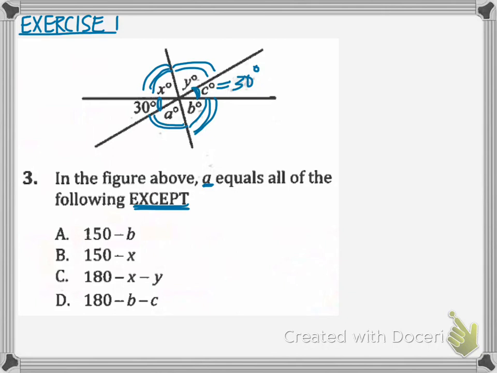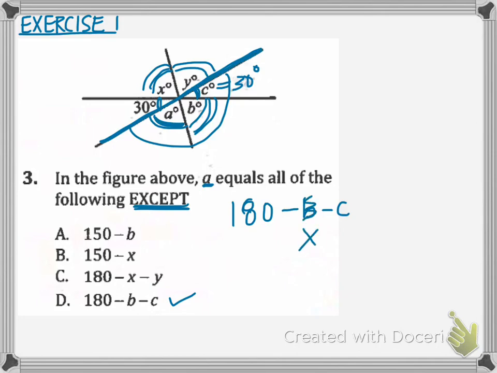So let's see. One way I could find A, let's look at this straight line. So A is going to basically be equal to 180 minus B minus C. And I see that as answer choice D. I also know since B and X are the same, I could switch out the B here for an X. And since I know that C equals 30, I could switch out the C for 30.